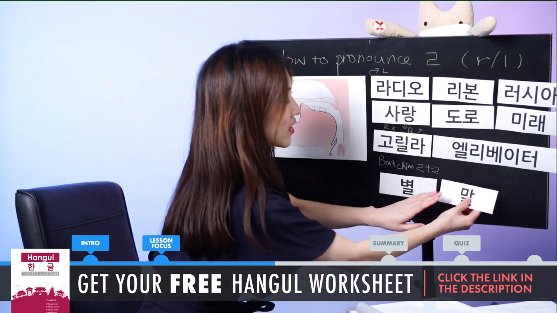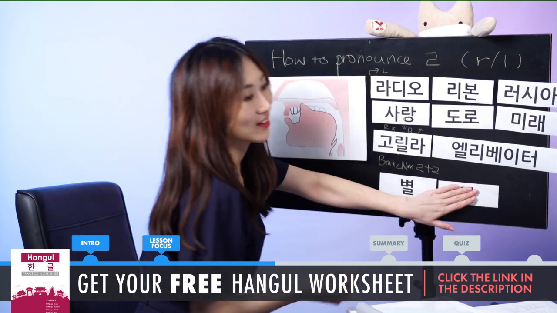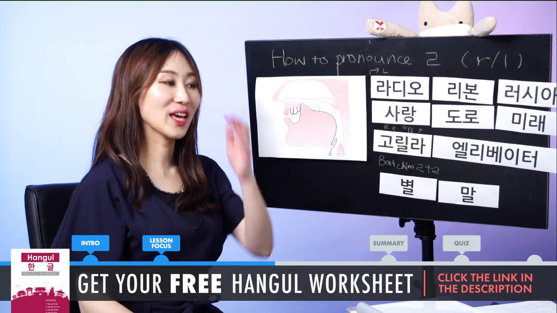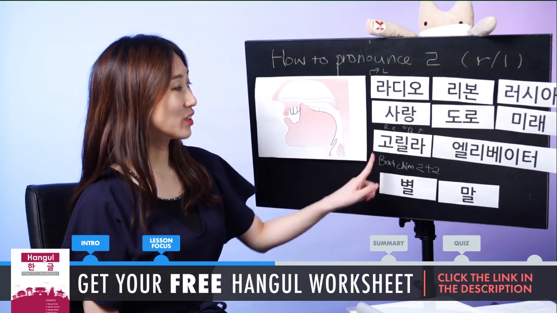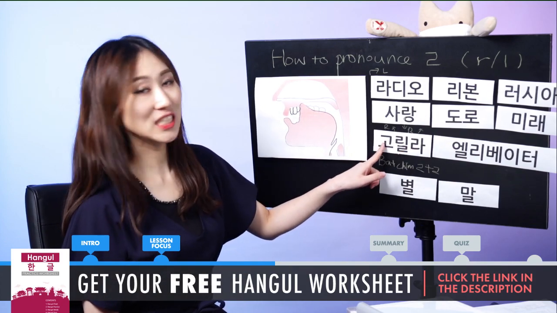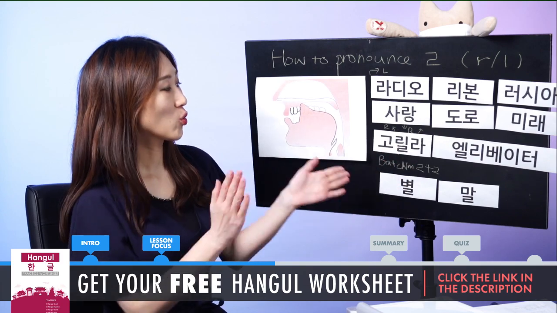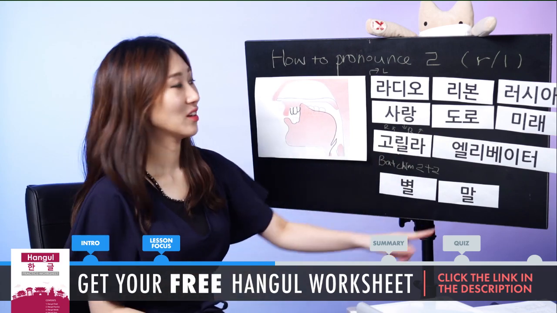This has two meanings. 말. Again, the Korean alphabet is made of syllable words. 고릴라, 별, 말.